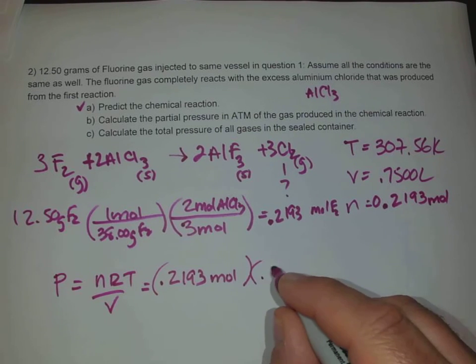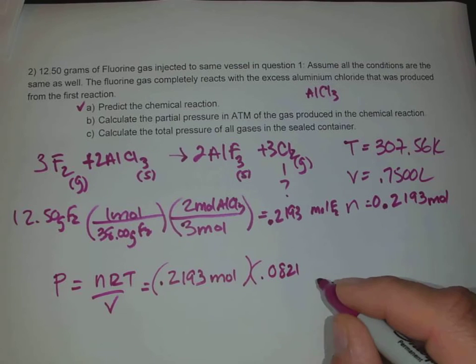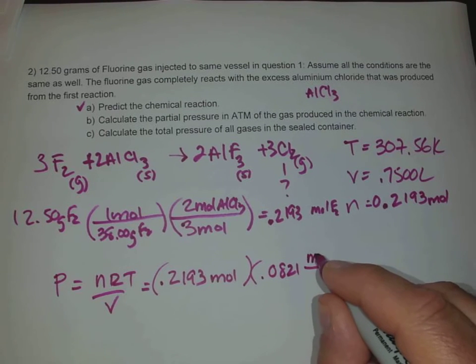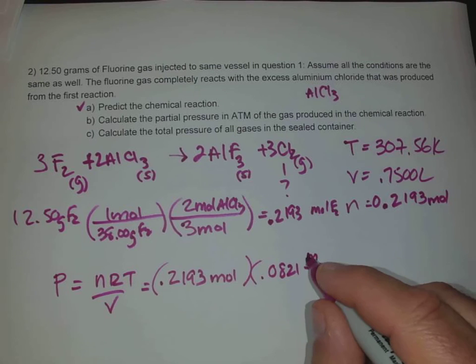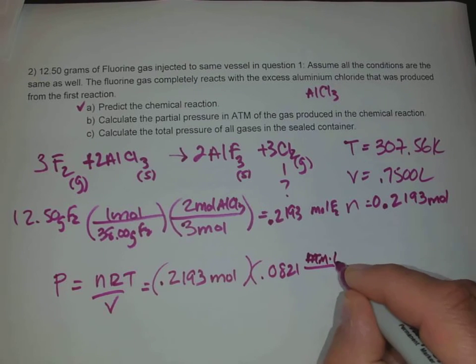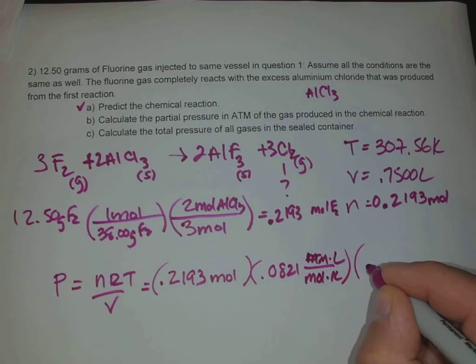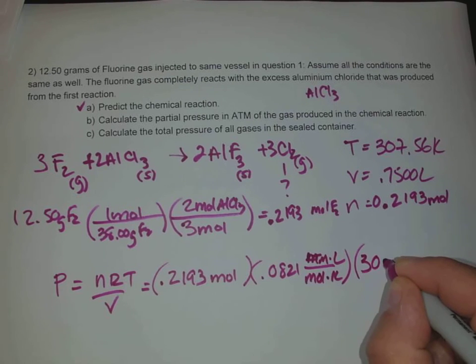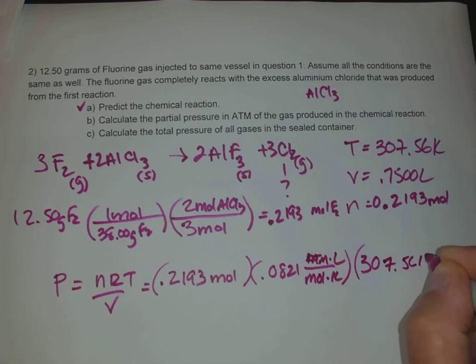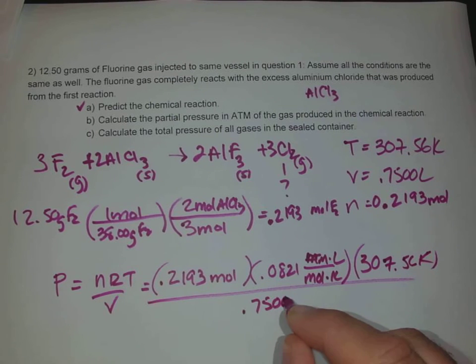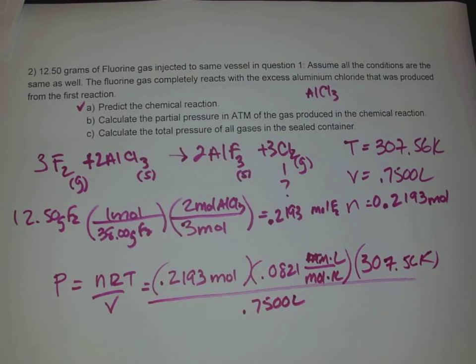Again, we want it in atm, so 0.0821 atm times liters over moles times Kelvin, times 307.56 Kelvin. Again, the volume is not changing. It's remaining constant.